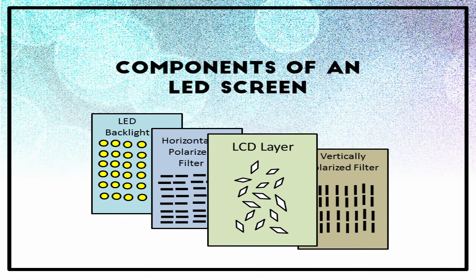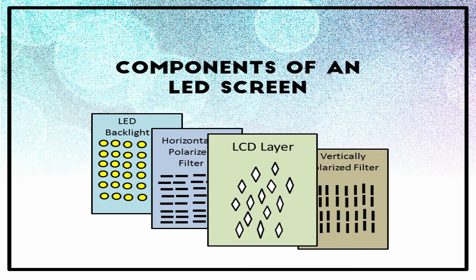In between the 2 filters, you get a layer of liquid crystals. Compression from the 2 filters forces the crystal molecules to line up and twist into a vertical position. As light passes through the first filter, it reflects off of the crystals and bends until it can pass through the second filter. This causes the screen to turn a bright white.